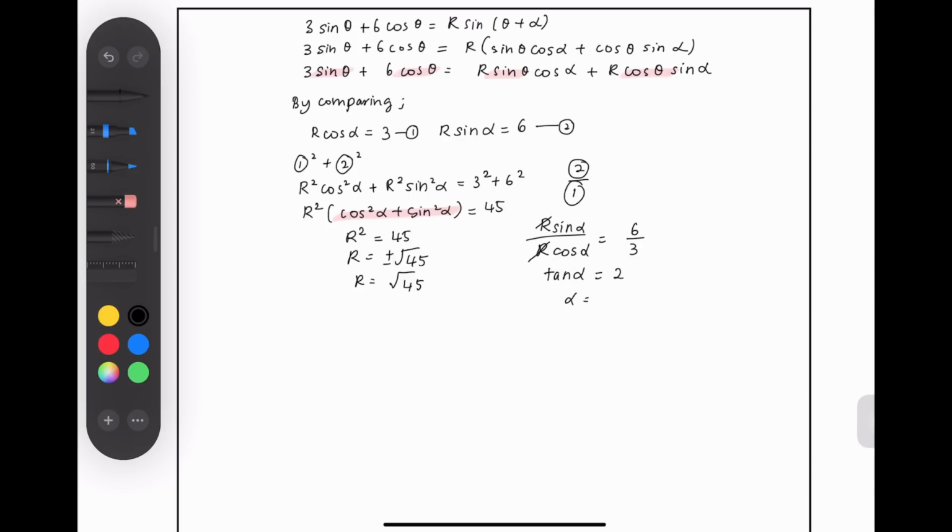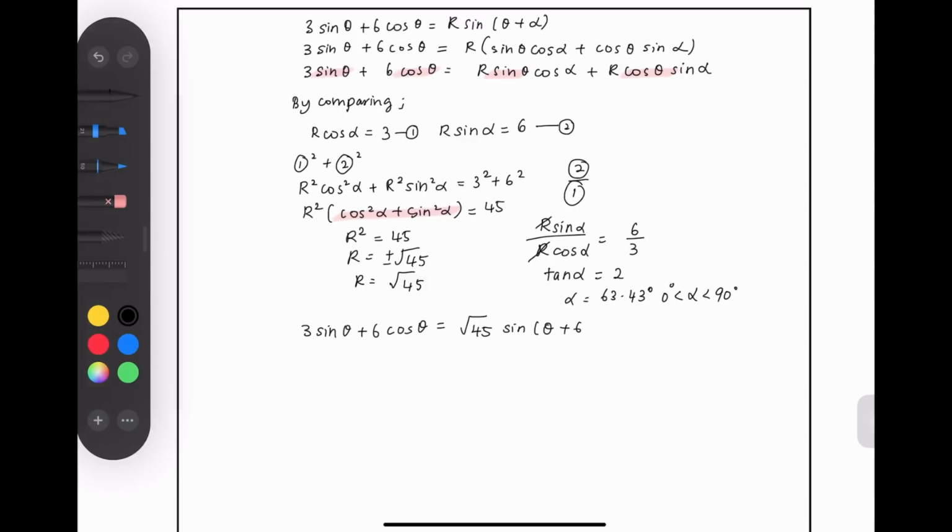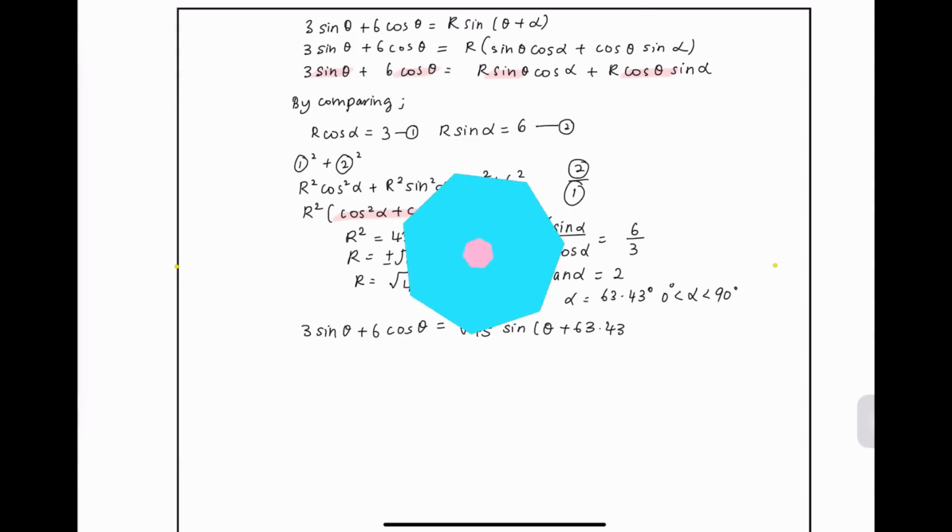So alpha is arctan 2 and it becomes 63.43. Since alpha is between 0 and 90 as stated in the question, we can ignore the third quadrant. So we can conclude that 3 sin theta plus 6 cos theta equals root 45 sin(theta plus 63.43).